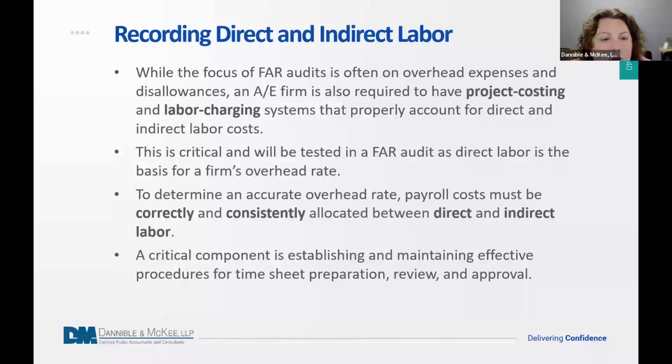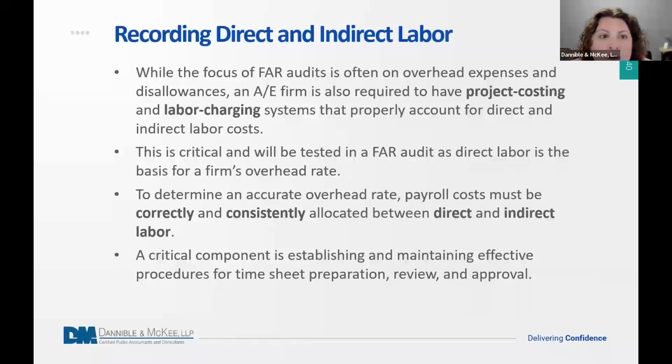So some people will look and say, oh, well, this might be a direct cost, but I can't bill it, so I'm going to put that cost in overhead. Well, that's not accurate. If a time is charged and it's considered to be direct, whether it's billable or not, so if it's directly associated with a contract, it's direct time, whether you can bill it or not.